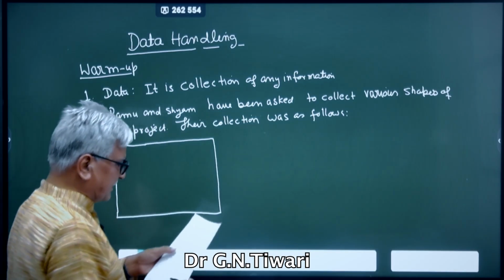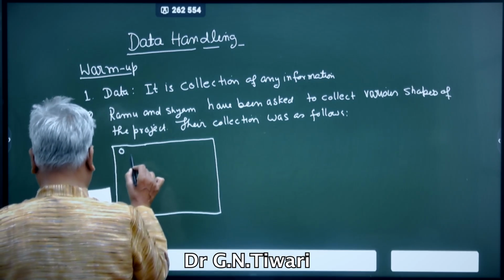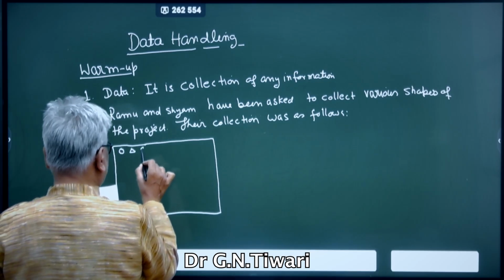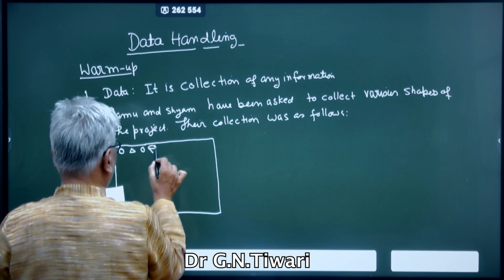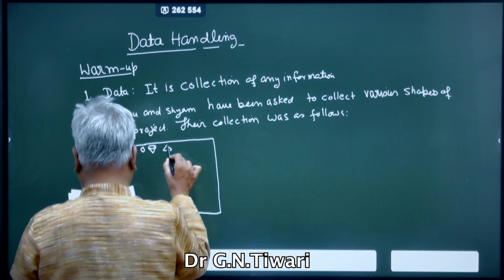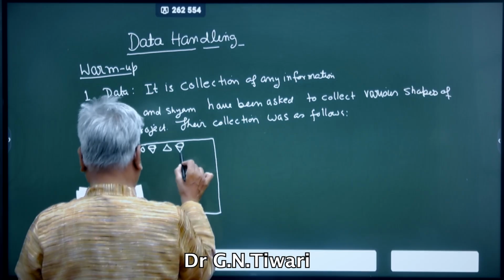And the shapes they have chosen are the circle, triangle, then circle, then cone, then circle, then this cone, and even circle.